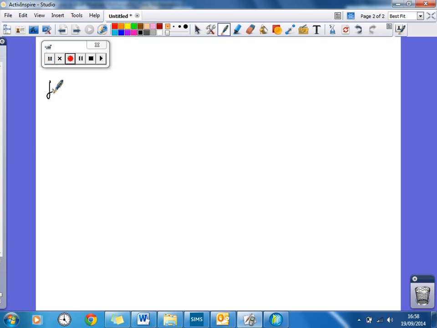Right, moving on to part F. I think virtually, from memory, I can't think of a single person who took this all the way to a fully correct solution.